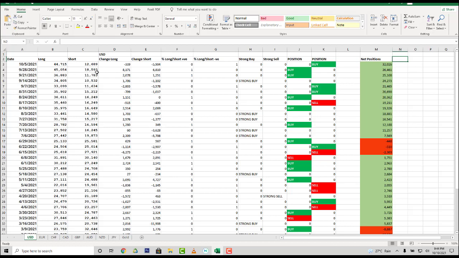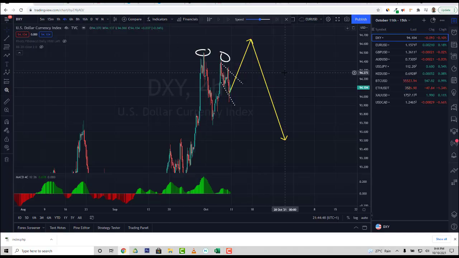For the short position, you had 18,000 plus, and this week it is now 12,000. So what we discover here is that more shorts were closed than longs, even though both positions were closed. In other words, it favors going long. So that's what we'll be expecting for the market on DXY.